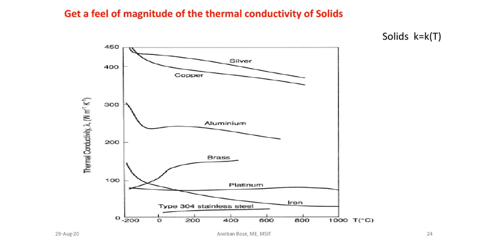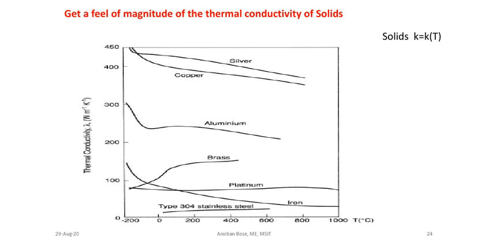If it is a pure metal, very high. High means 400, 300, 200 in that order. If it is an alloy like brass, its thermal conductivity will be less than the pure metals, maybe in the order of 100 to 200. But if it is stainless steel or something like that, maybe it will be in the order of 20, 30, 40, 50. Just to give you some idea, this will help you.